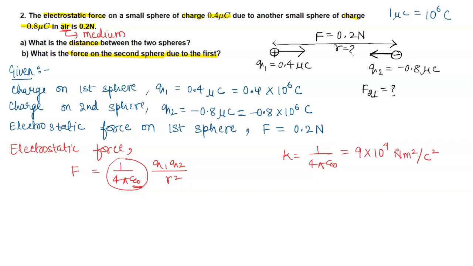For the first part, we need to find the distance between the spheres, R, so we rearrange this formula: R square equals 1 upon 4 pi epsilon naught Q1 Q2 upon F.